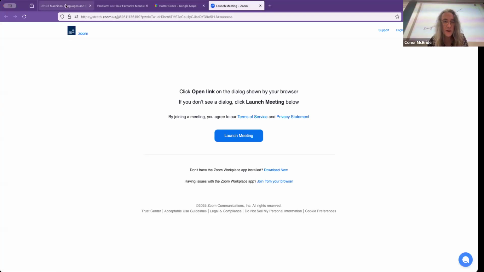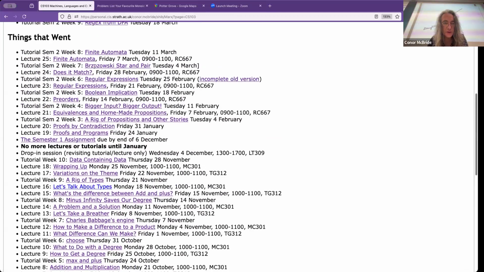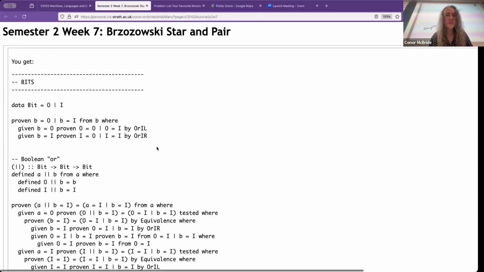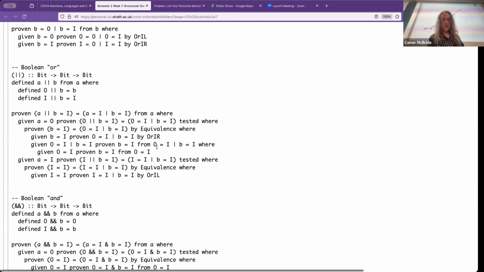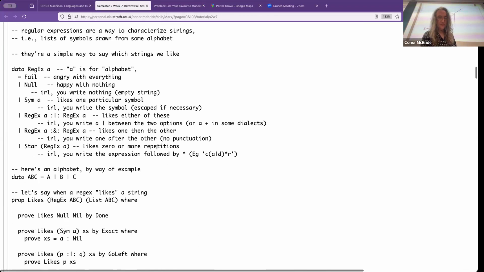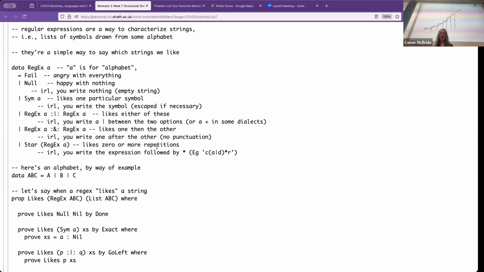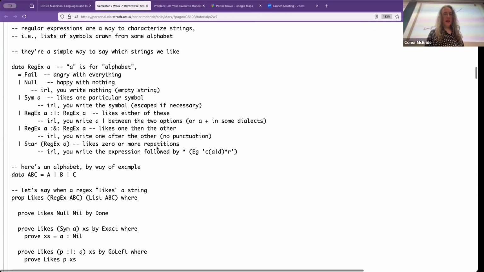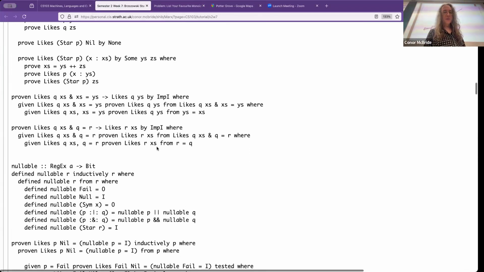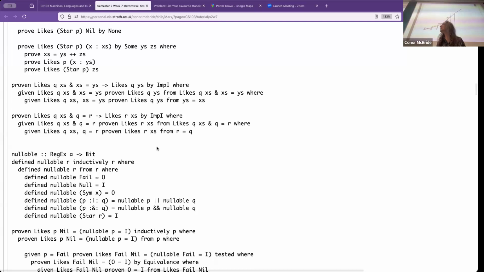And now I can go here, and there was a tutorial on Brzozowski star and pair. Unfortunately, now we're watching in black and white, but lots of people were asking about this. So first of all, maybe I should make the font bigger.